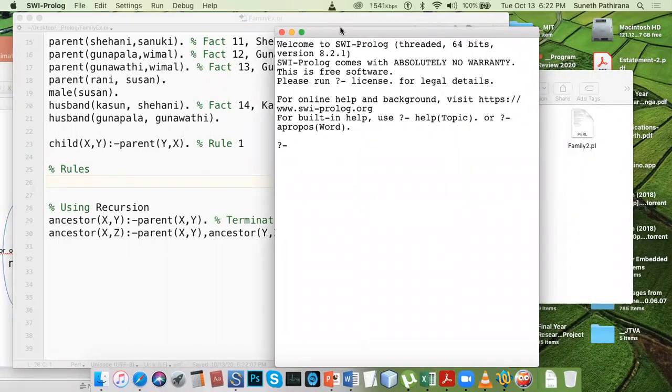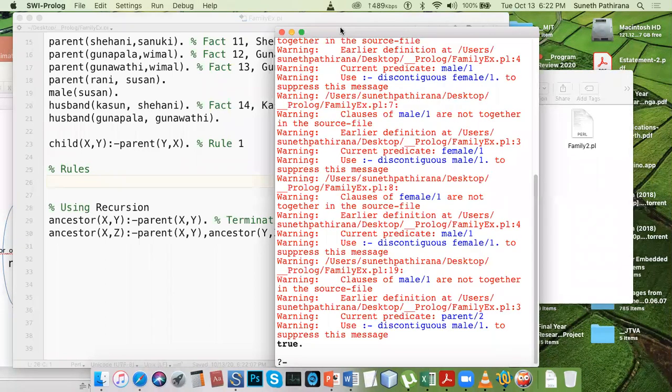First of all, I have to compile this. This is family EX. Okay, true, no errors. Now I am going to call this function, and we'll check out the possible combinations of this.